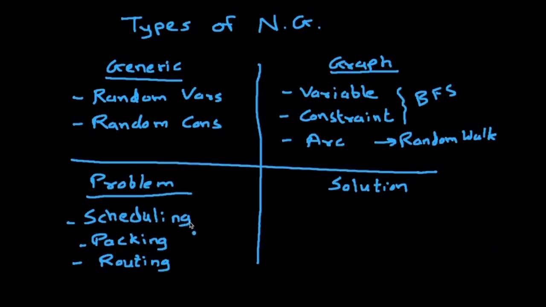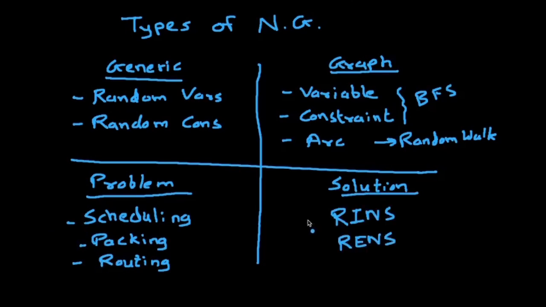For packing, there is random rectangles packing neighborhood generator and slice packing neighborhood generator. For routing, there is routing random neighborhood generator and routing path neighborhood generator. These neighborhood generators are specific to a problem, so only if those kinds of constraints are present in the problem are they activated.